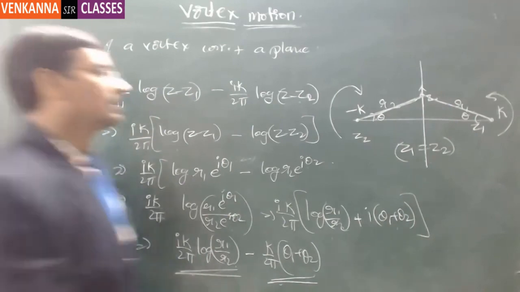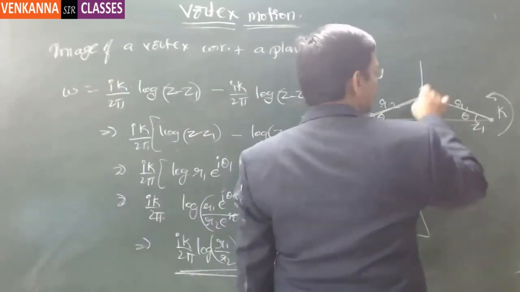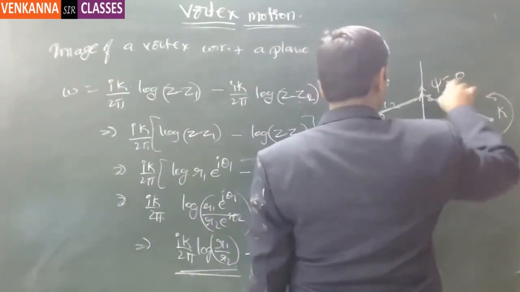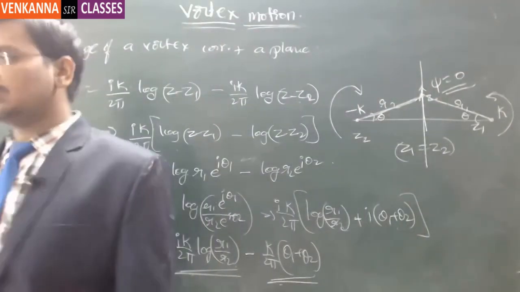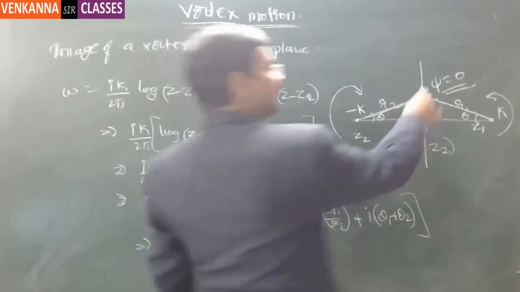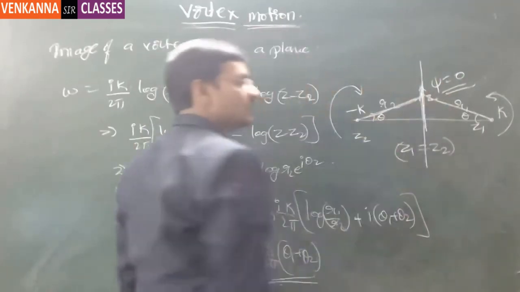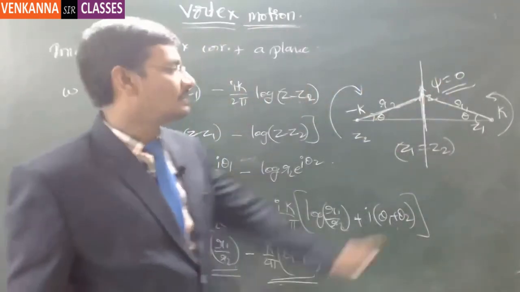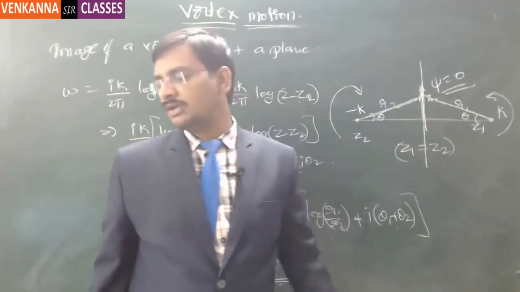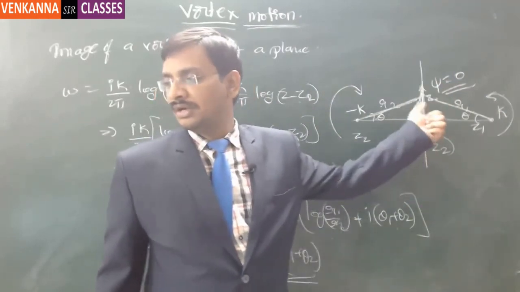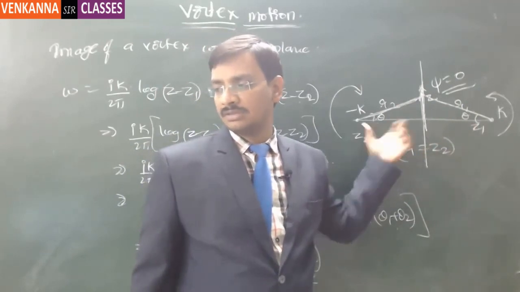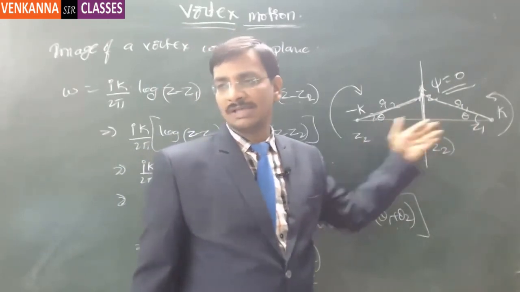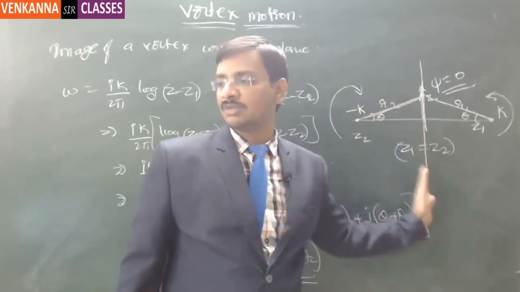So on this particular line, psi is equal to 0, which means there is no flow across it. The fluid touching here will be tangential there. So this is how you can treat one vortex as clockwise and another as anti-clockwise, both at exactly the same distance, forming the image system of a plane.